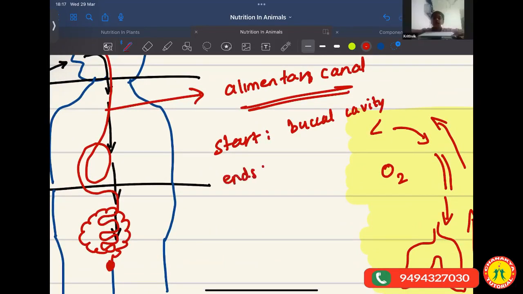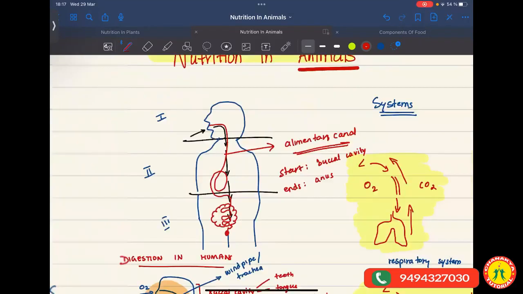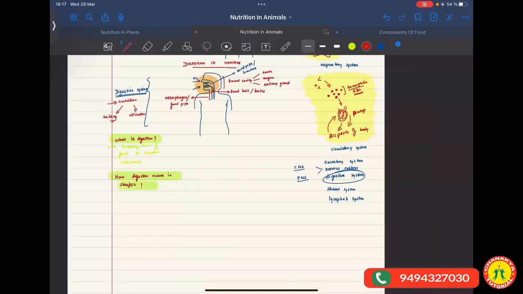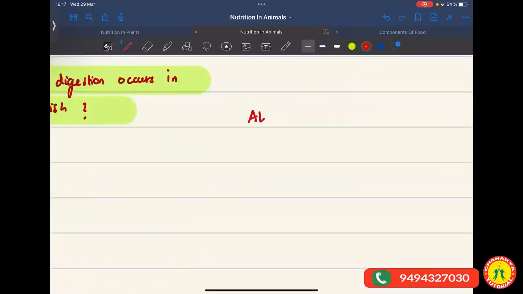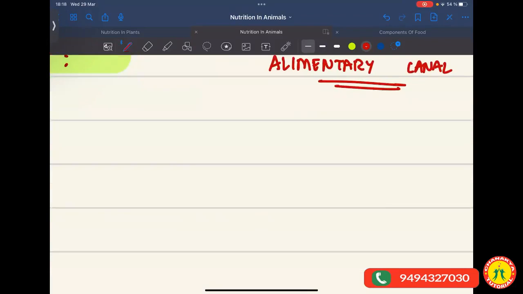the anus. So this alimentary canal is divided into 6 parts. Let's see what it's being divided into. The first part, definitely the start part, is your buccal cavity.